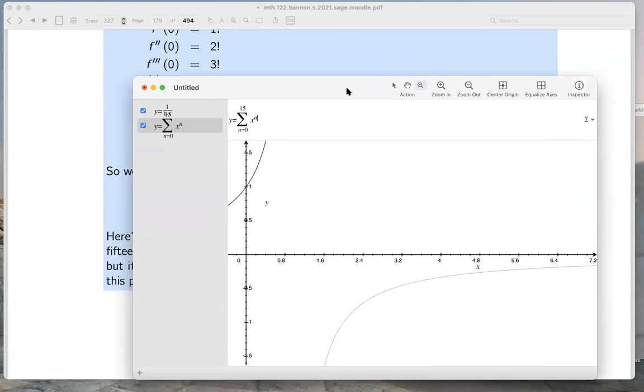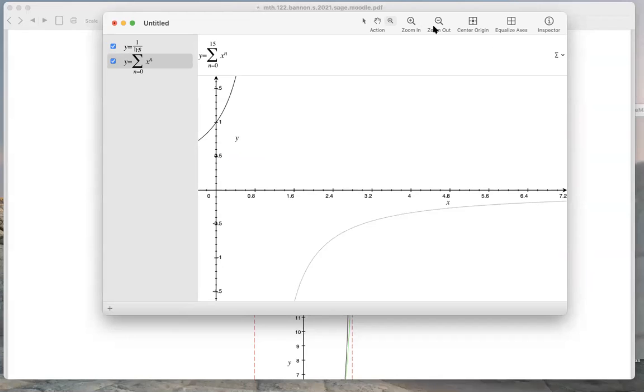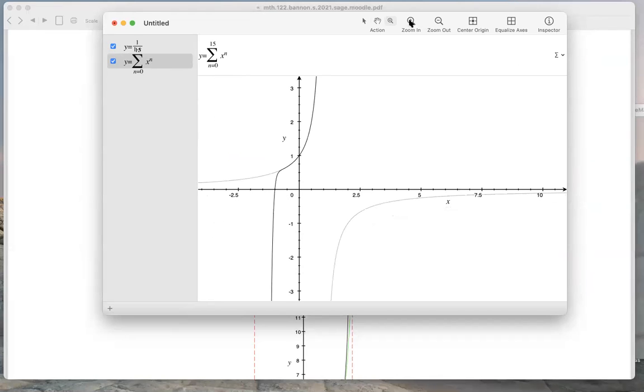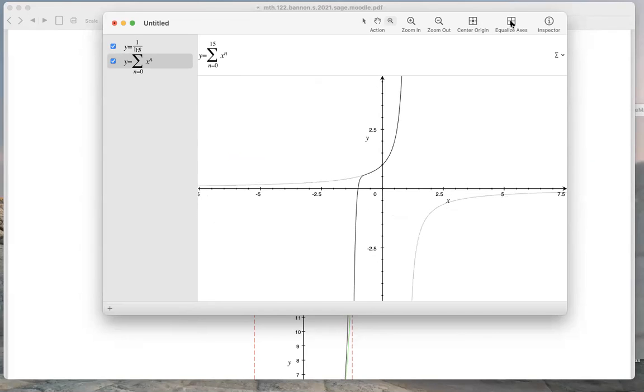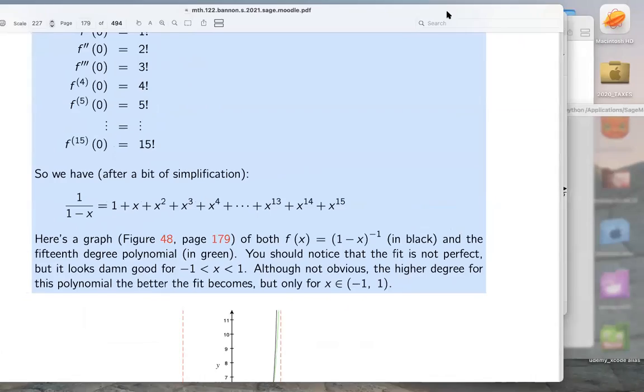And let's look at the picture. And I'm going to recenter it. Give me a second here. I'm going to center the origin, equalize axes. And I'm kind of seeing it, but I want to make sure that we need to color these graphs to differentiate the two. So let me get my inspector out.